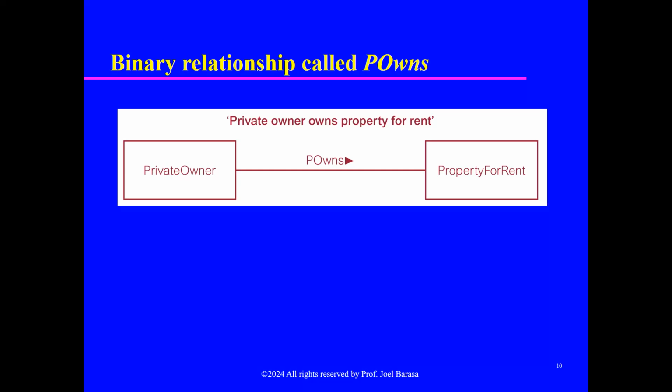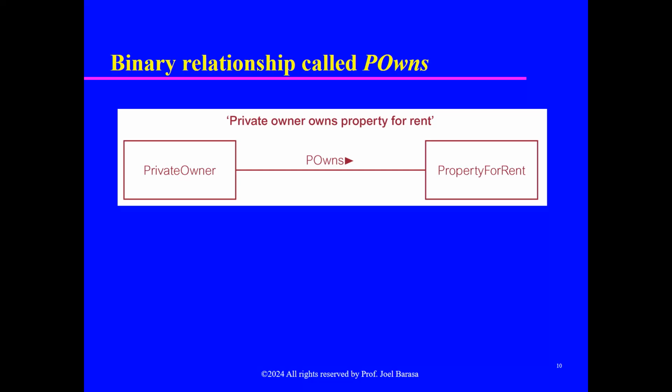So a binary relationship, which we call private owners. For example, here we have a private owner and a property for rent. So there exists a property for rent which belongs to a private owner. But one property owner can have several properties for rent. Is it true? So you look at this arrow where it is pointing.